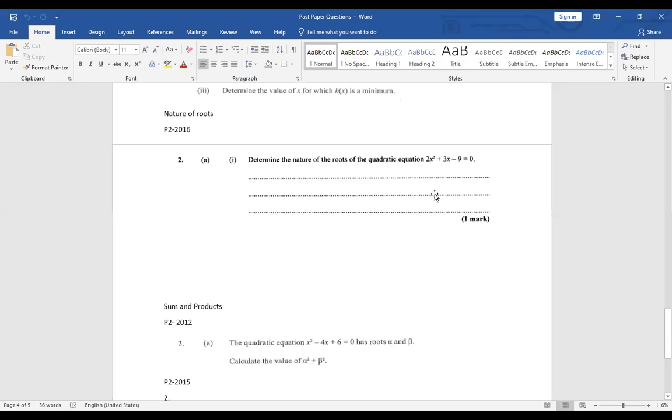Okay, so the quadratic: 2x squared plus 3x minus 9 equals 0. Somebody work this out and tell me what's the nature of the roots. Let me write the quadratic on the board in case you didn't get it. I want you to do the question and tell me the nature of the roots.